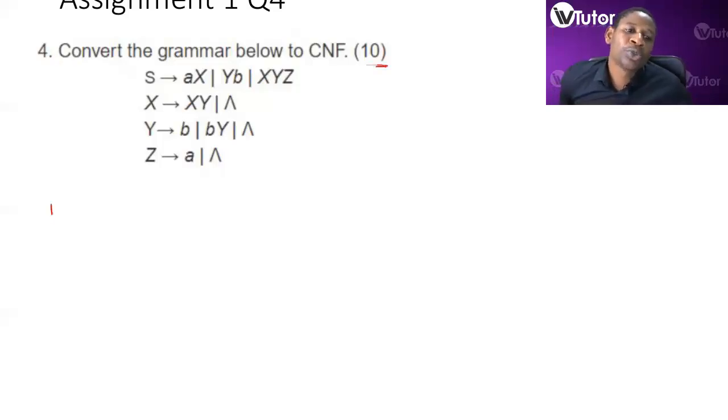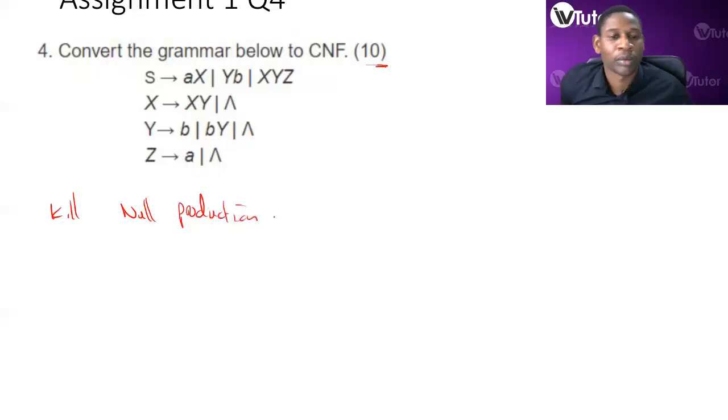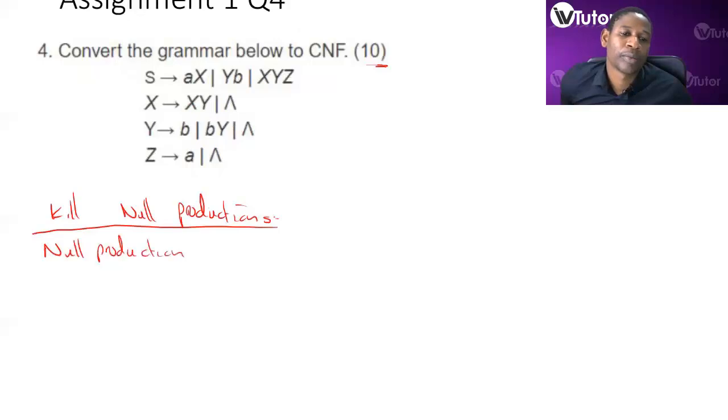So the first thing we need to do is to kill null productions. All right, so we give the null productions, and then we list them down. We've got Z goes to, no, Z is fine. We've got X goes to null. We've got Y goes to null, and Z goes to null.